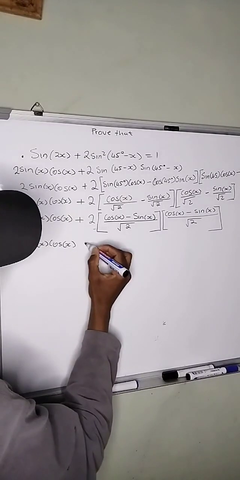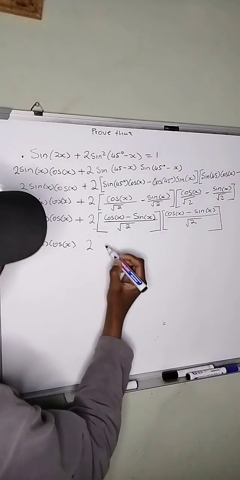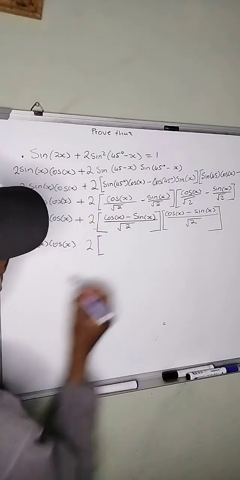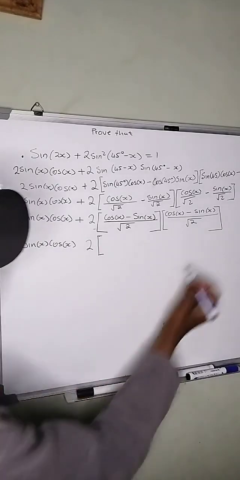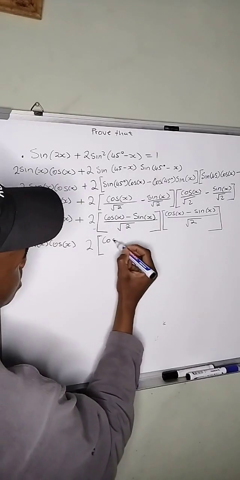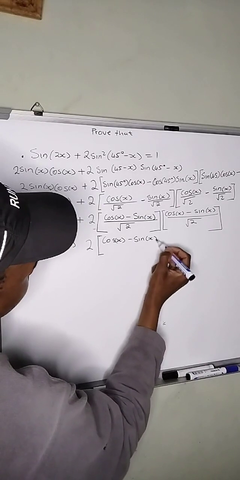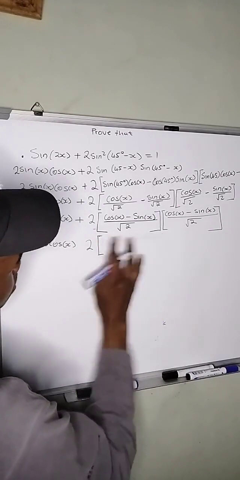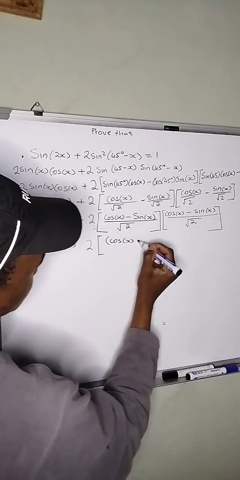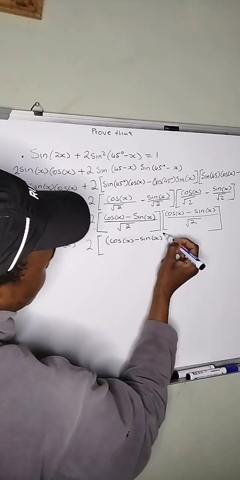Then I'm going to have the 2, and because I multiplied the two brackets, I'm going to have what? Cos x minus sine x. Okay, let me do this: cos x minus sine x, right?